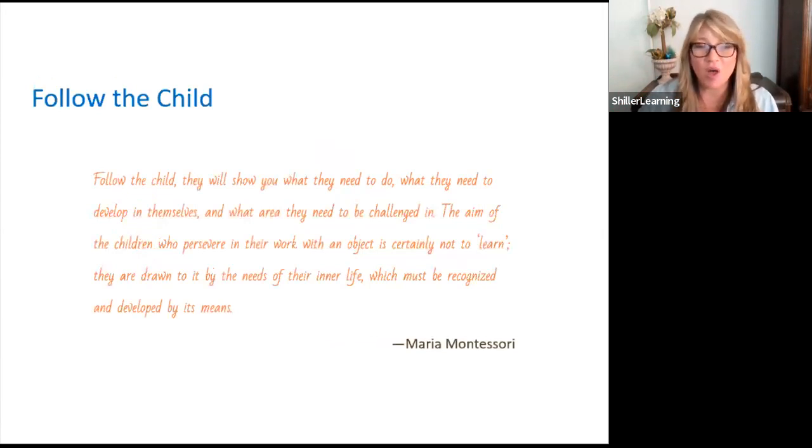And this is all going to help us to accomplish the following: follow the child. That's a phrase that you'll see if you're new to Montessori homeschooling. This is a common tagline to the Montessori method: follow the child. And Dr. Montessori points out to us that the child is going to show us what they need to do, what they need to develop in themselves, what areas they need to be challenged in.